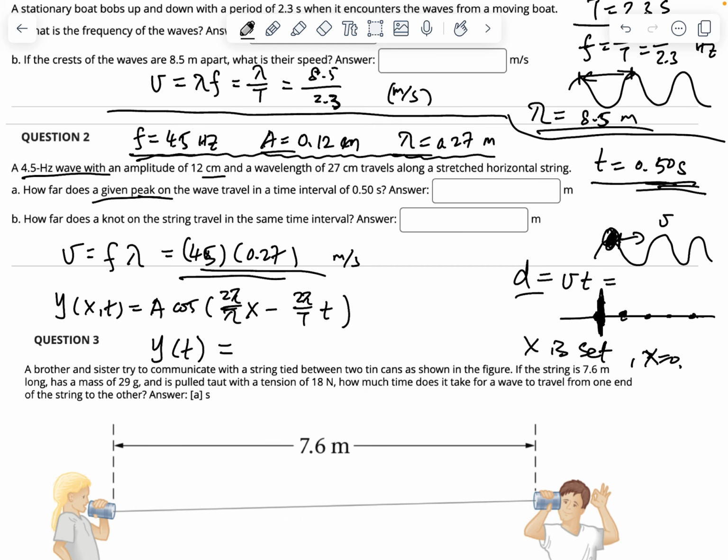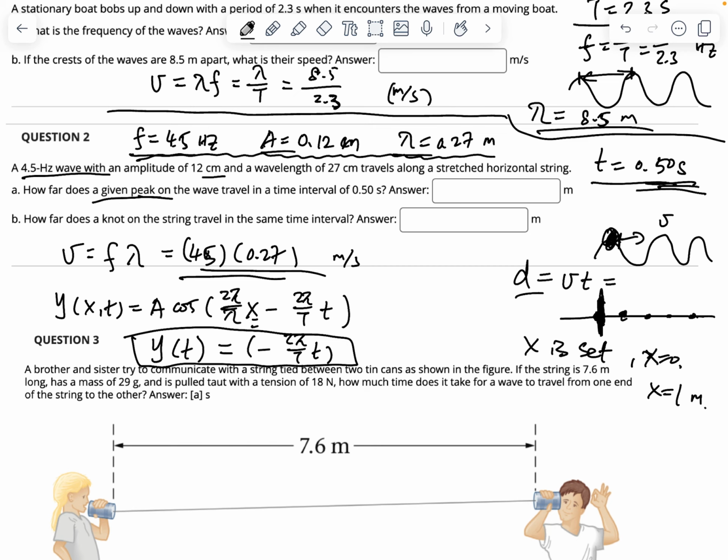You can use x equal to 0 or x equal to whatever location, like 1 meter. To make life easier, let's use 0. So the first term is gone, leaving 2 pi over t. Okay, so that is the equation, the displacement of the knot.